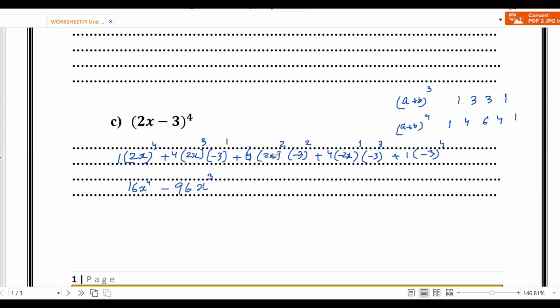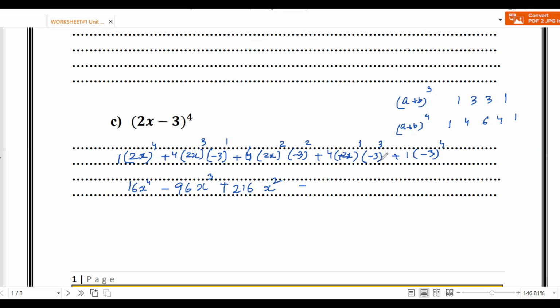So 4 times 6, multiplied by 3 squared which is 9, so multiplied by 9, gives plus 216x squared. Plus here, if we check carefully, this is minus and minus minus, so this is plus, yes.